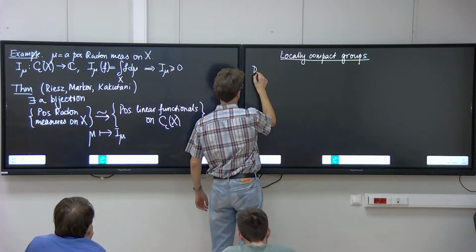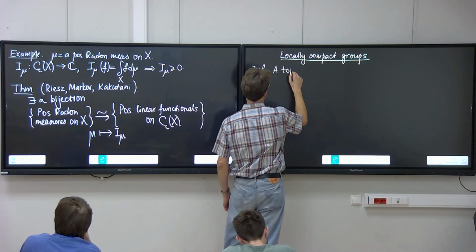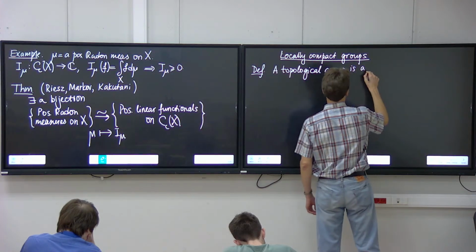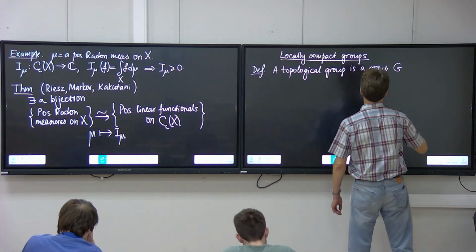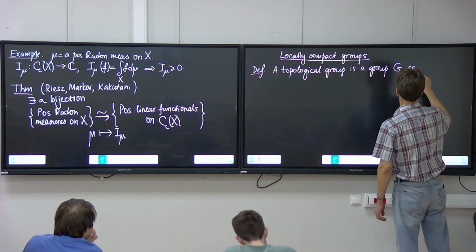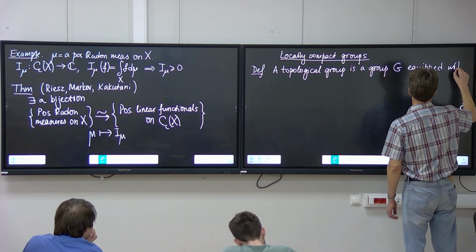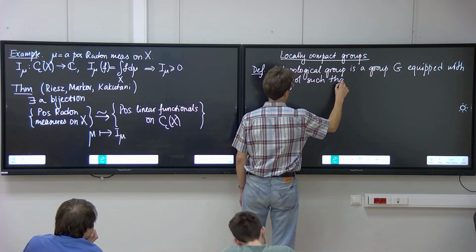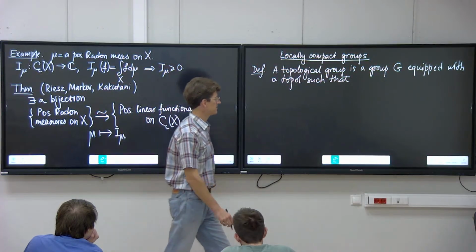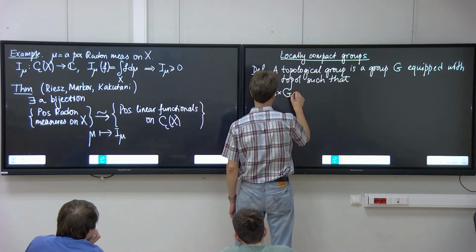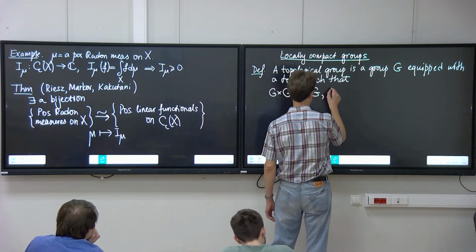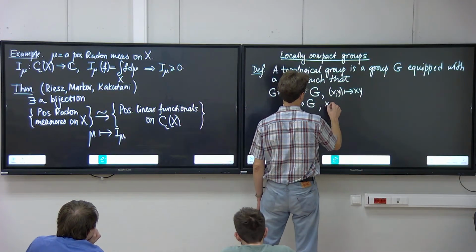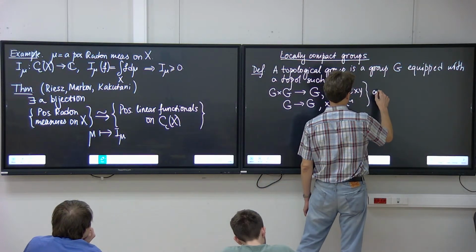First of all, by a topological group, we mean a group G equipped with a topology such that the topology is compatible with the group operations, namely the group operation is assumed to be continuous for this topology, and the inversion map is also assumed to be continuous. Such that these maps are continuous.